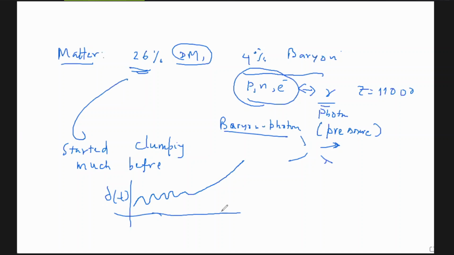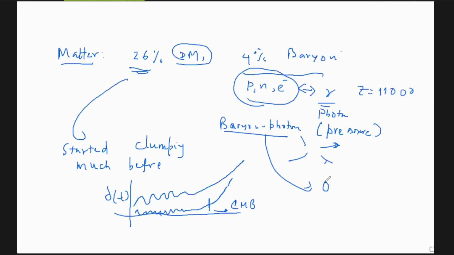Whereas baryons were much lower. They were oscillating because of the photon connection, and then slowly they tried to rise up when this decoupling happens. Basically, when the baryon and photon decouple at CMB, it means atoms form and light started. That means photon does not interact with it anymore.